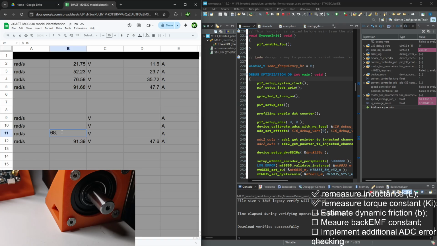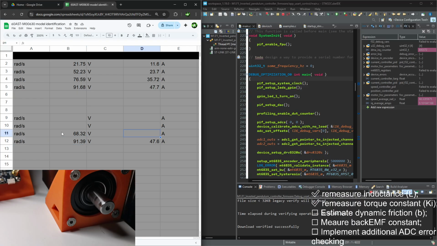The hell? 68.3. Maybe it does make sense, maybe it doesn't. Actually, no, it doesn't really make sense, does it? Yes, it's not really.